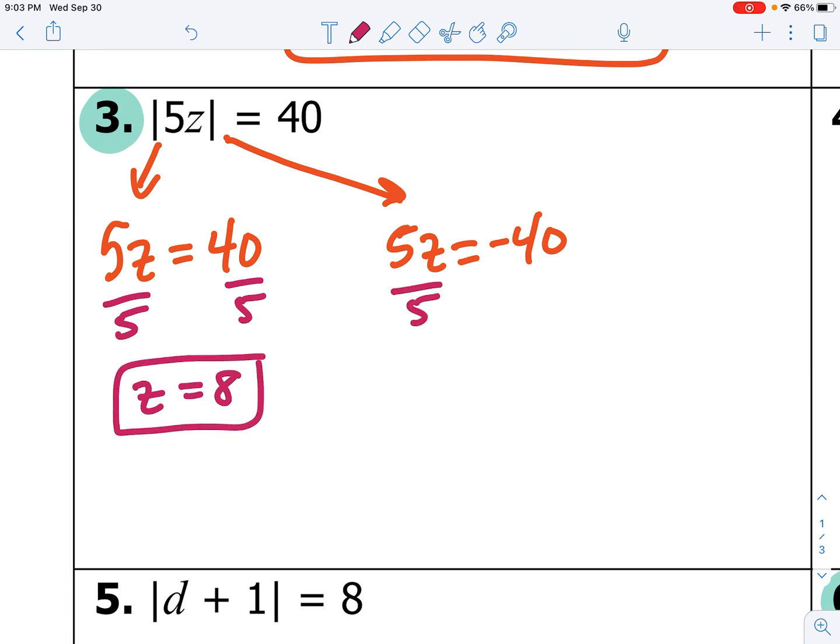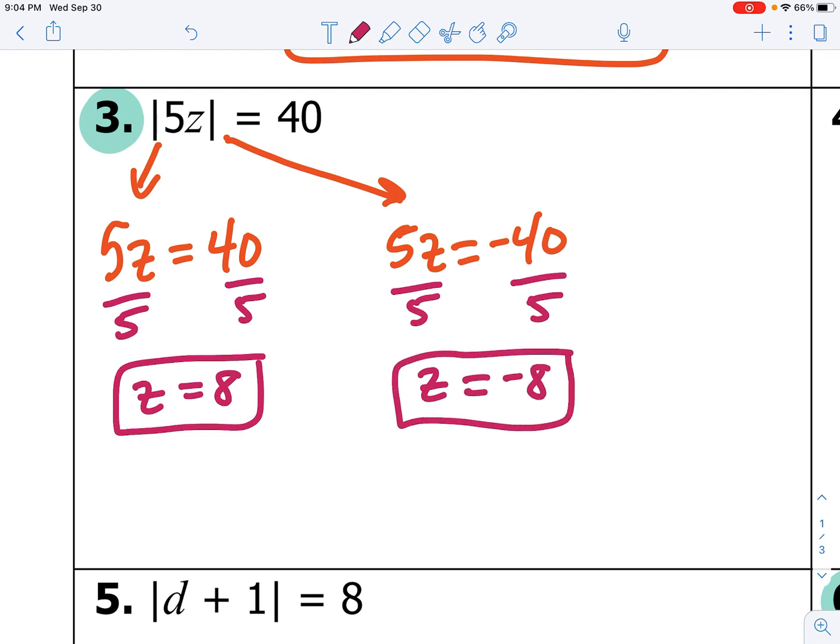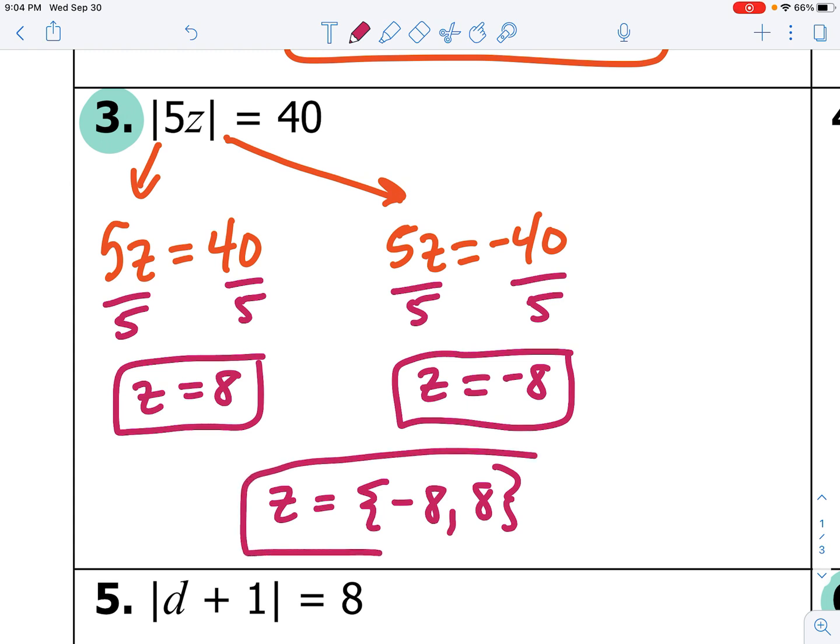So when I divide the first equation by 5, I get z equals 8. When I divide the second equation by 5, I get z equals -8. So in solution set, it doesn't matter what order you put the numbers in, but you should have something either z equals -8 and 8, or z equals 8 and -8.